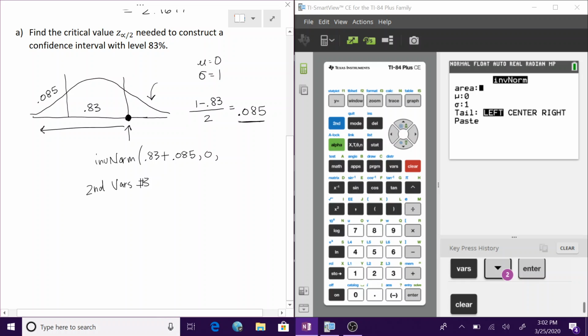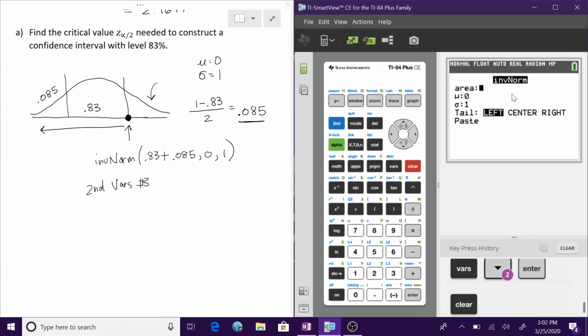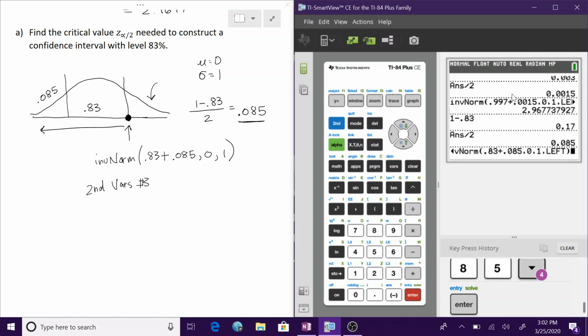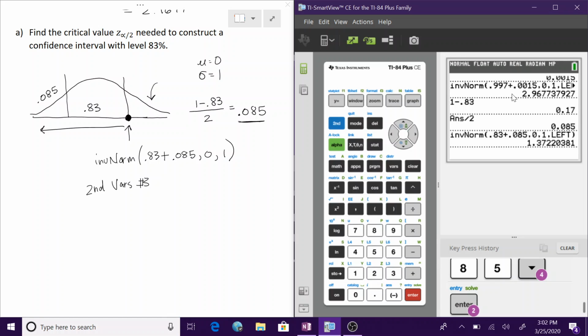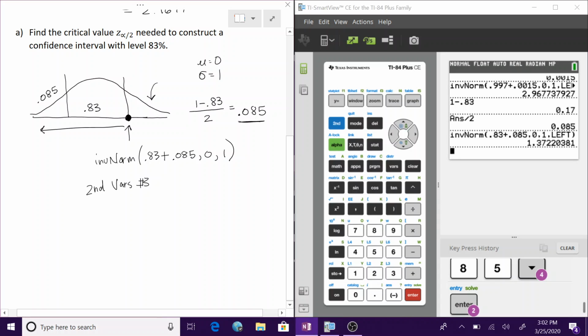And again, my mean and my standard deviation are 0 and 1 because I'm dealing with a standard normal curve. Again, my tail is to my left. Press paste and enter one more time, and we find that our critical value is equal to 1.3722.